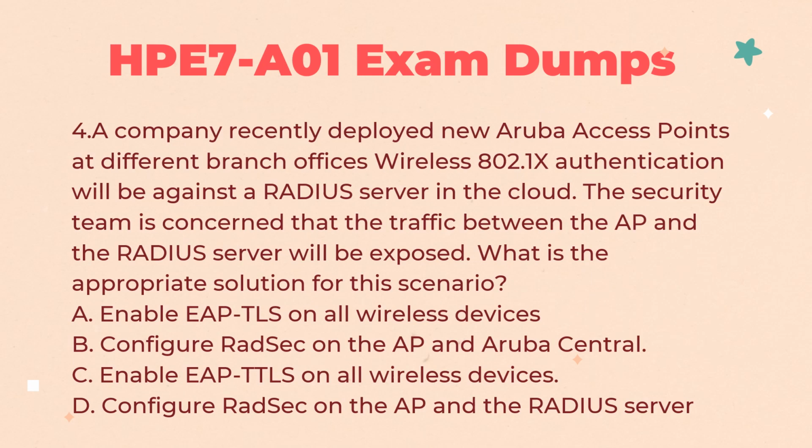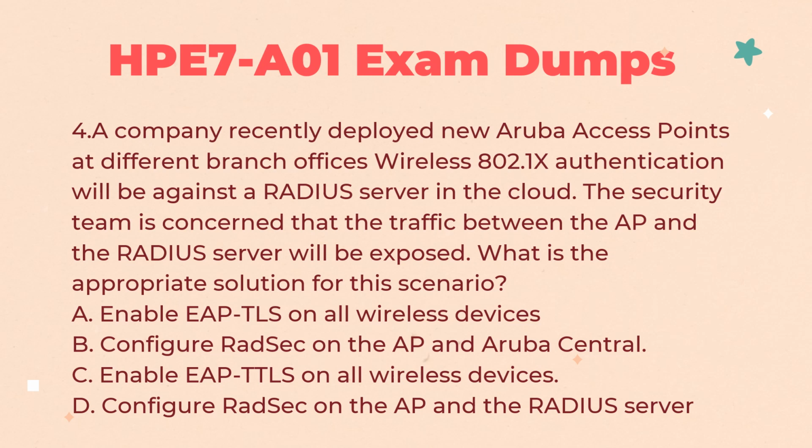4. A company recently deployed new Aruba access points at different branch offices. Wireless 802.1X authentication will be against a RADIUS server in the cloud. The security team is concerned that the traffic between the AP and the RADIUS server will be exposed. What is the appropriate solution for this scenario?